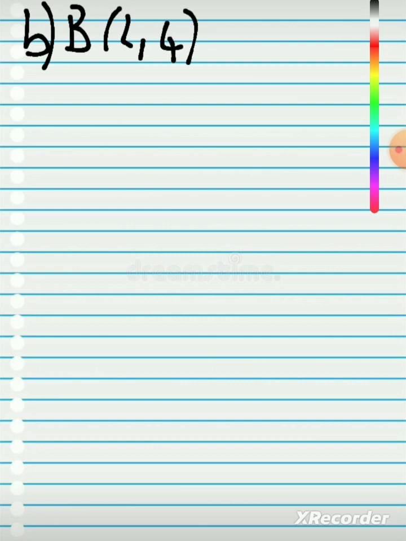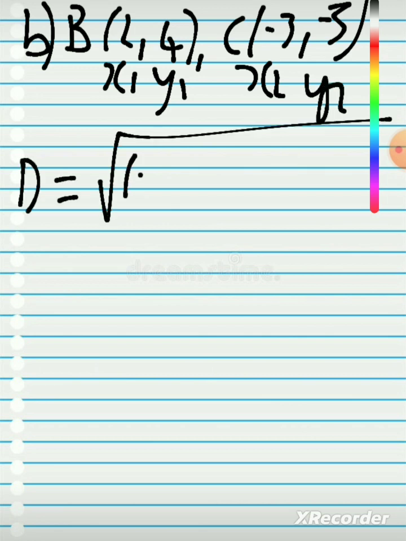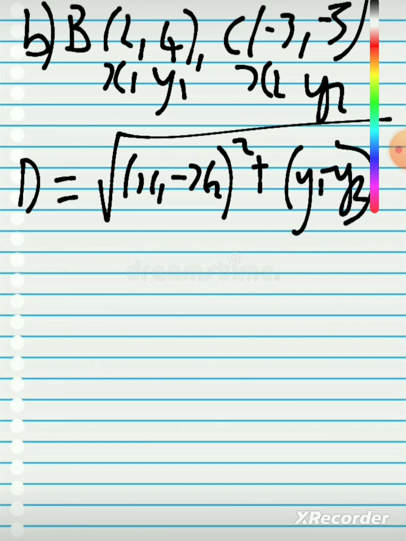We go to B. B, they want us to find the distance between BC. So B is 2, 4, and C is negative 3, negative 5. Okay, so this is x1, y1, x2, y2. Okay, so distance as usual is square root of x1 minus x2 squared plus y1 minus y2 squared.